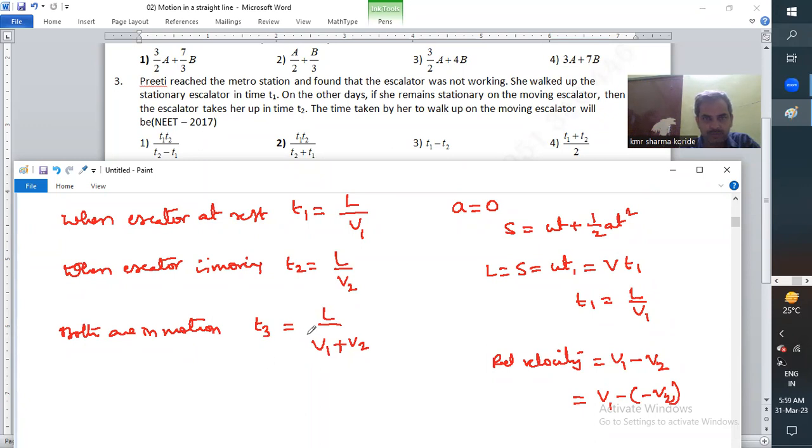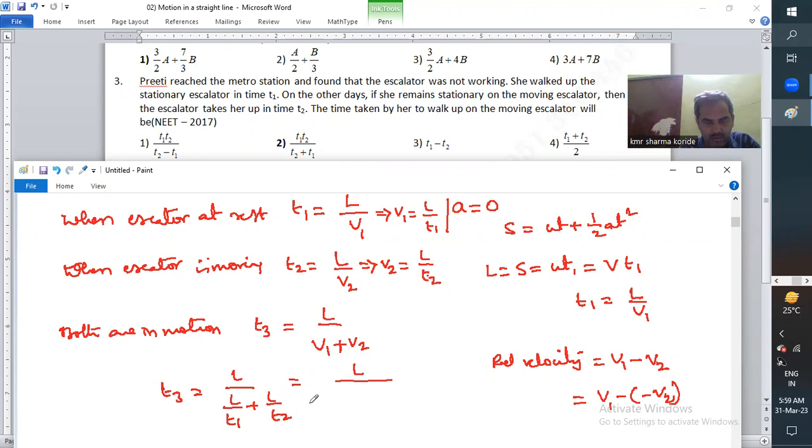Now, let us try to replace. V1 can be L by T1. V2 can be L by T2. Then let us substitute here. So T3 is equal to L divided by V1, which is L by T1, plus V2, which is L by T2.